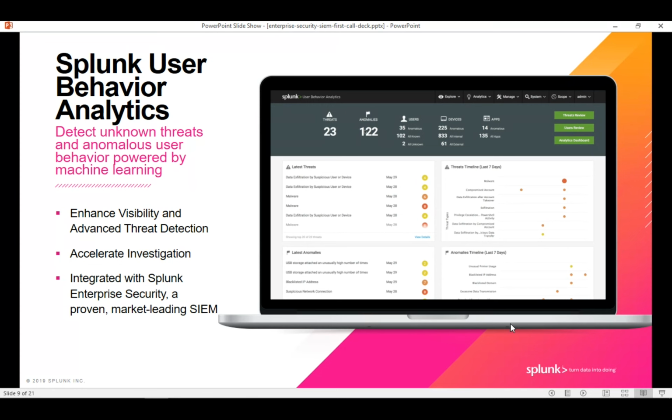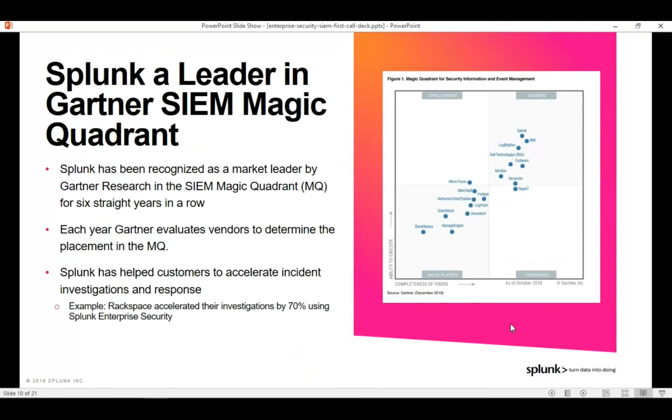So Splunk UBA tries to cater to that requirement and provide customers with a solution for attacks which involve insider threats. So employees of the organization, trusted employees, can turn rogue and pose an attack to the organization.